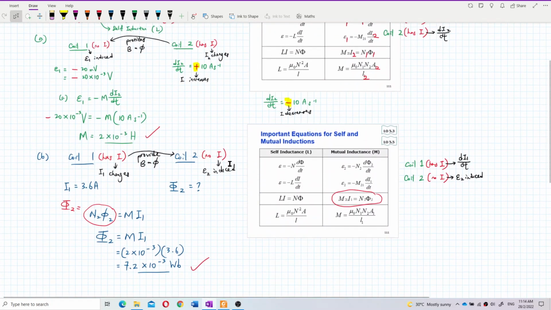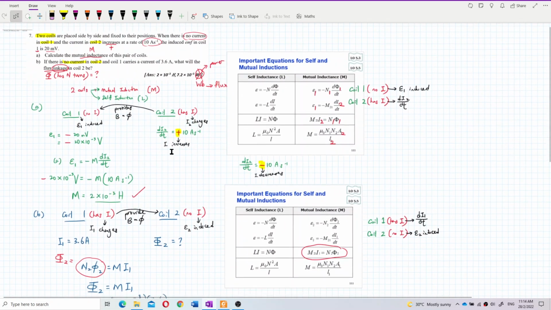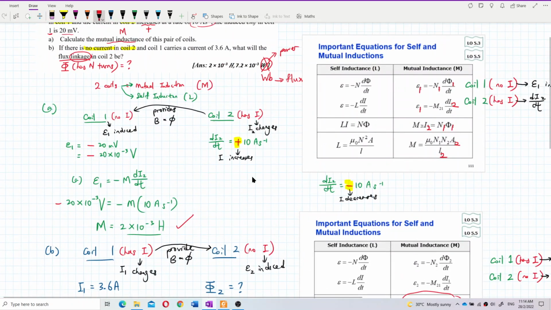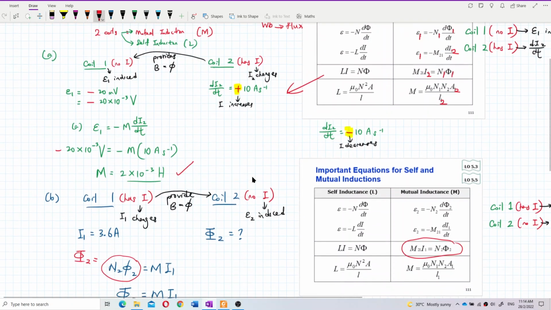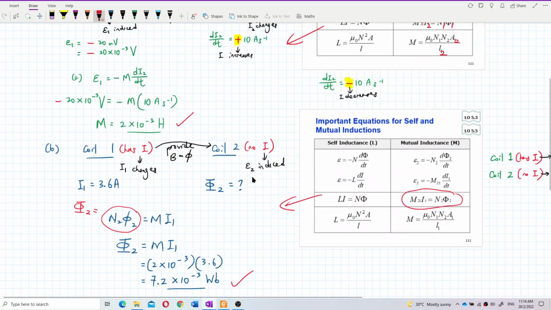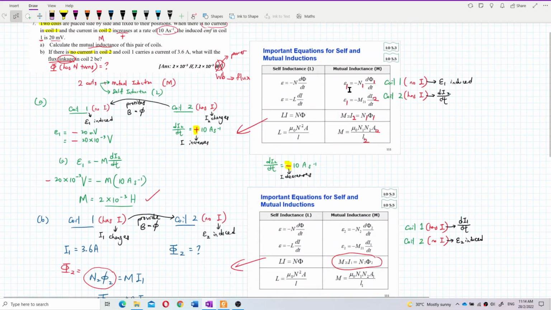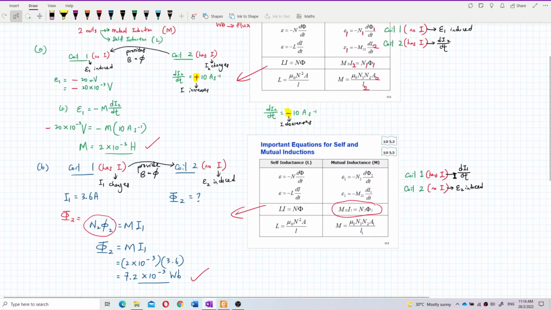I hope you understand. This one is for the case where coil 2 has a current, and this one is for the case where coil 1 has a current. So it's different, you interchange.